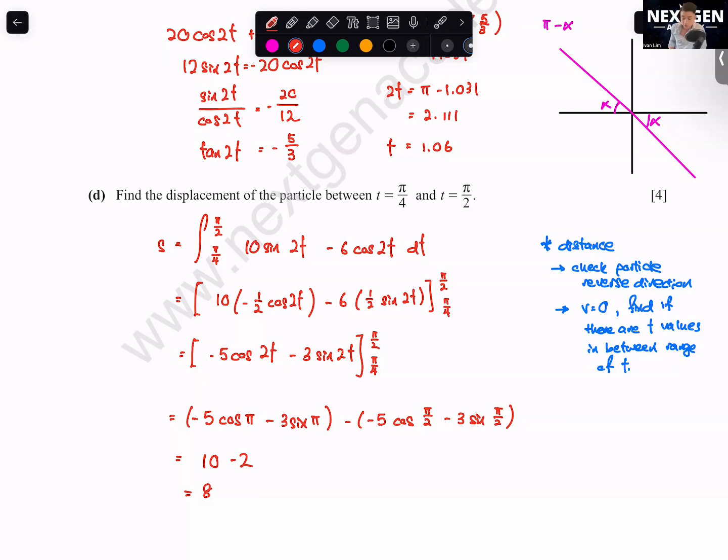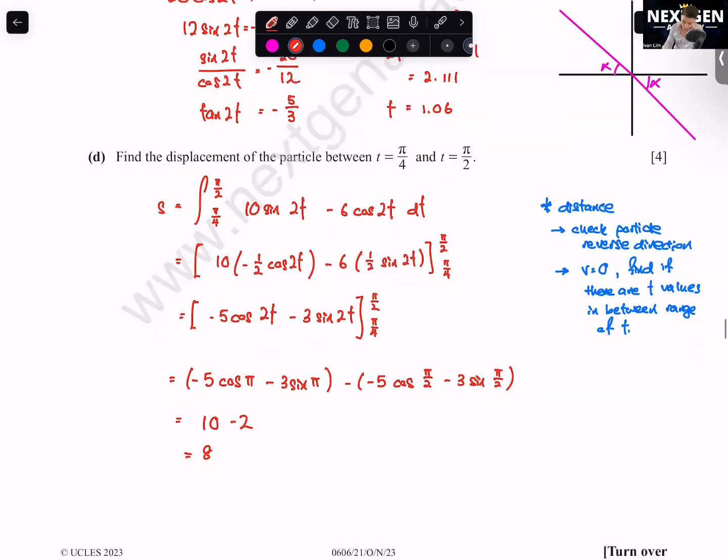But if you do indefinite integral, by right you need to go and find the plus c first, right? Did you find the plus c? Good. So it's a bit longer. You should get the same answer if you do indefinite integral. How do you normally find the plus c? Correct, S equals to 0, t equals to 0. Slightly longer steps, but same answer. All good. Let's move on.